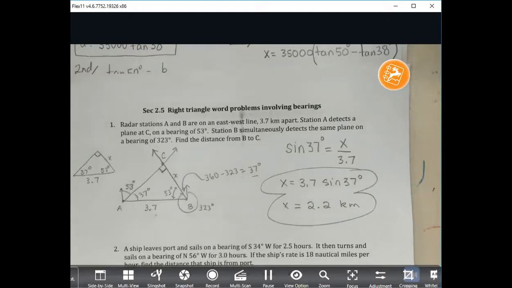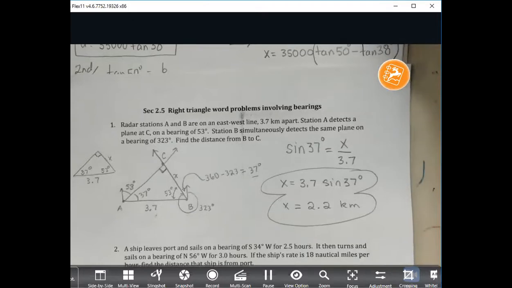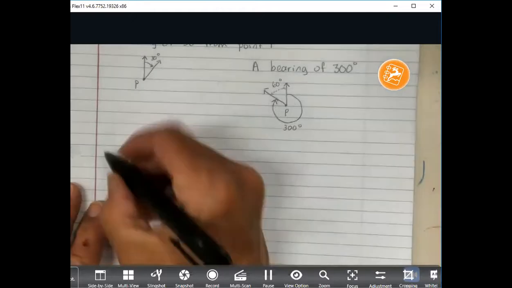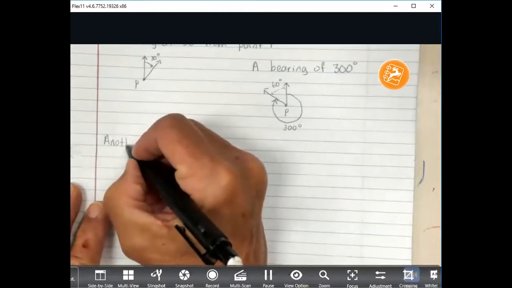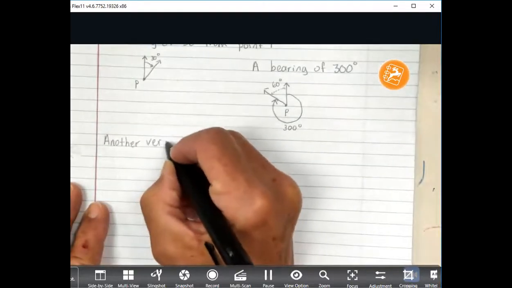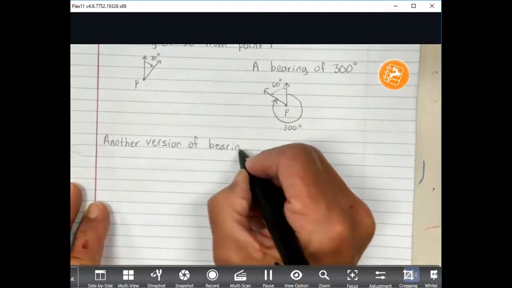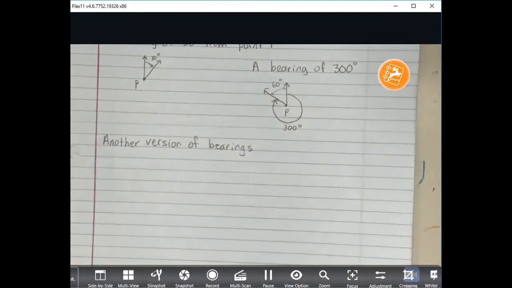Okay, another way bearings are measured is by given directions. Again, you start with a north-south line. So let me pull this up and go back to my other page. Another version of bearings uses directions.